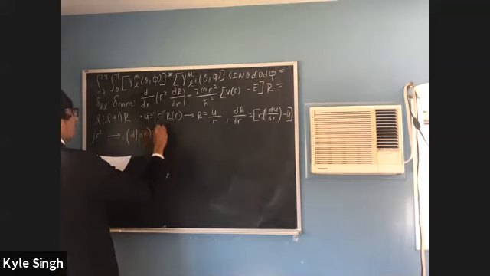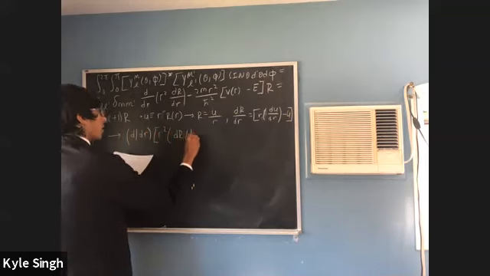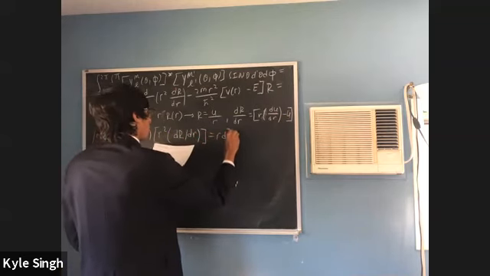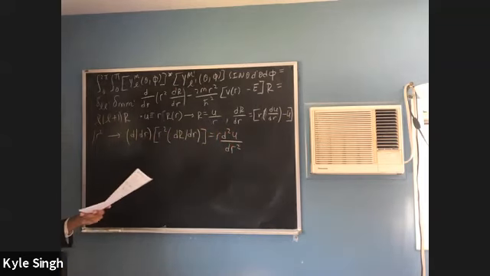d/dr of r squared dR/dr equals r d2u/dr squared. Okay?